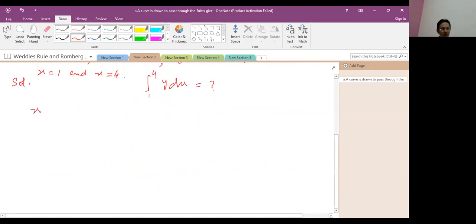Make a table of x and y. X is 1, y is 2; 1.5 is 2.4; 2 is 2.7; 2.5 is 2.8; 3.0 is 3; 3.5 is 2.6; and 4.0, the value of y is 2.1. These are the values, student, you have been given.